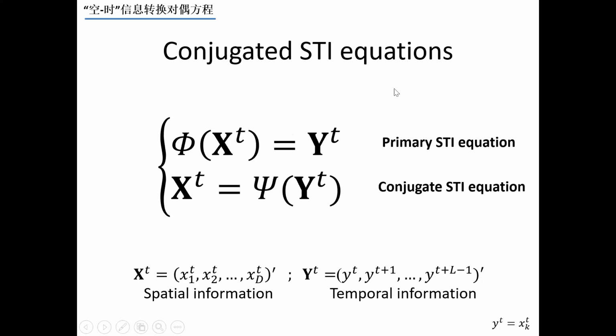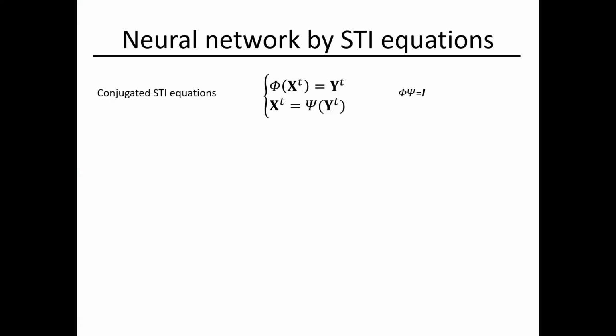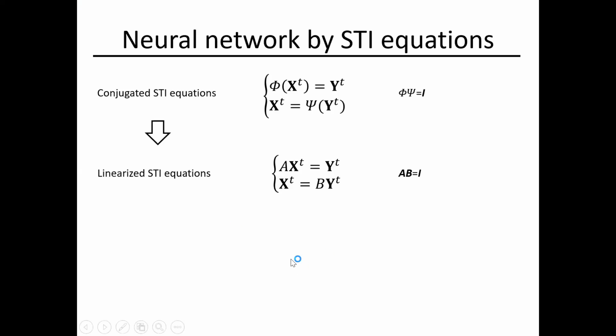These two equations, we call the map one-to-one, so we get a pair of equations. If we solve these equations, we get the future of Y. This is our original theory, the STI equations.